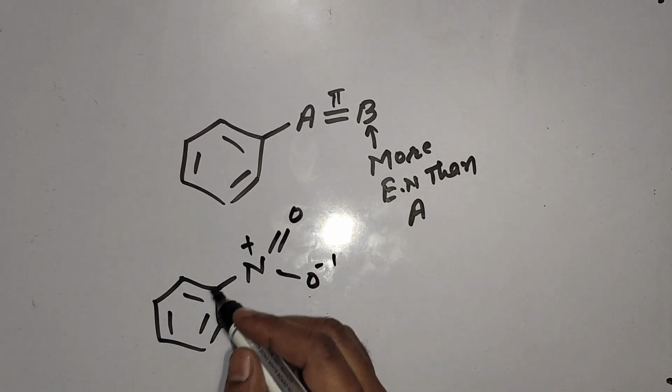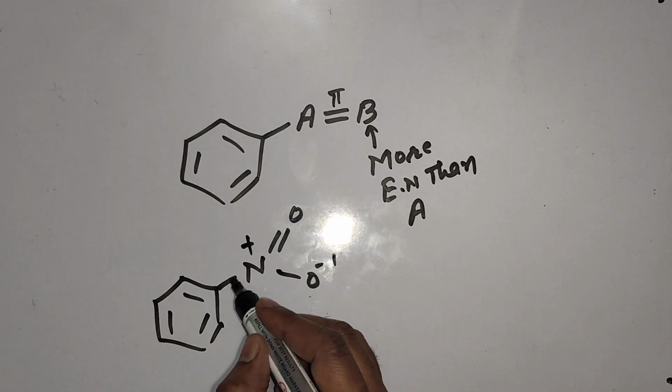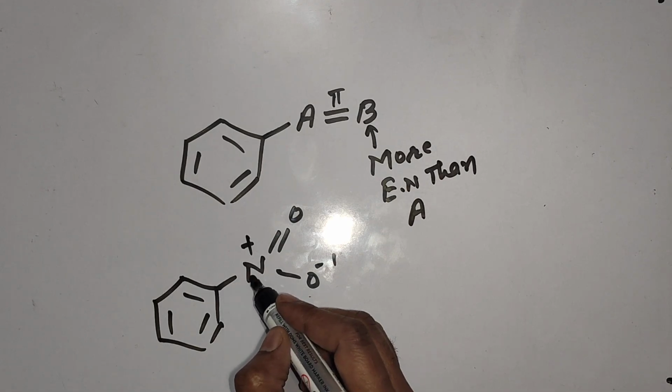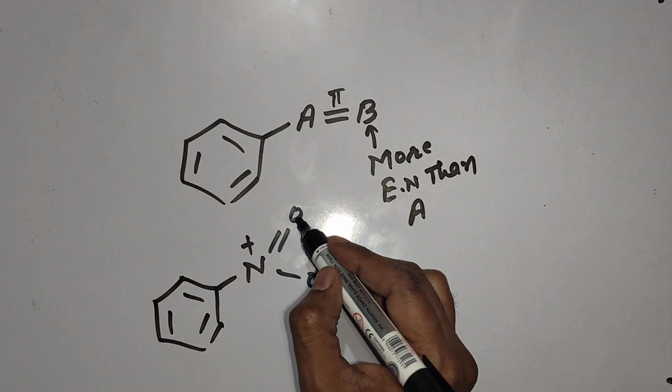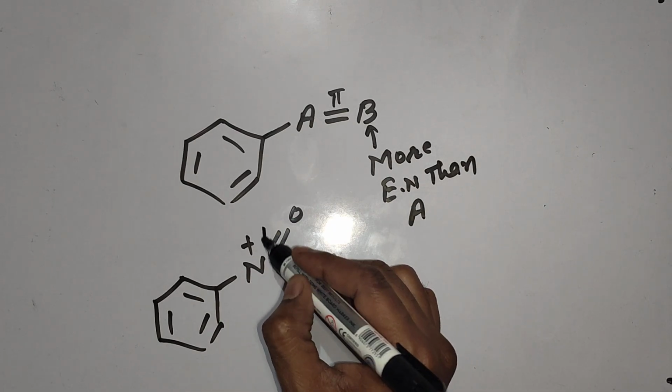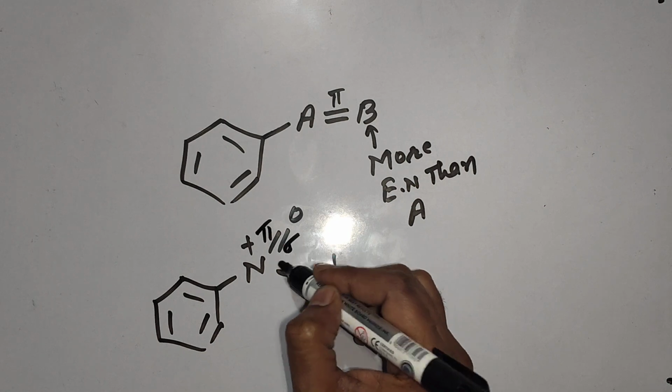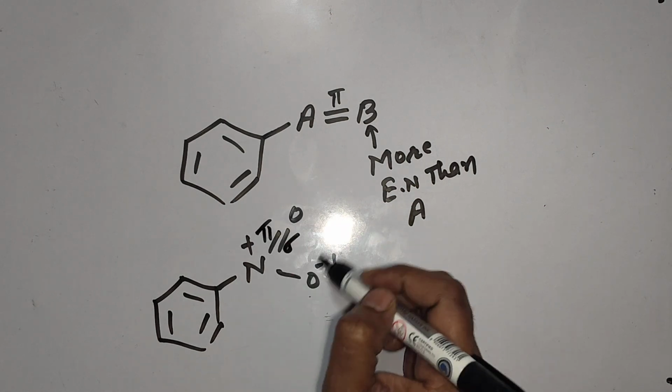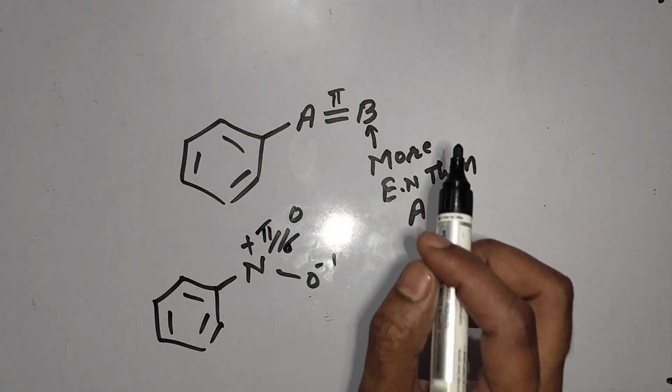Nitrogen was directly connected with the benzene ring, but nitrogen was further connected with oxygen, and oxygen is more electronegative than nitrogen, and they are connected through sigma and pi electrons also. So such conditions make them electron attracting groups.